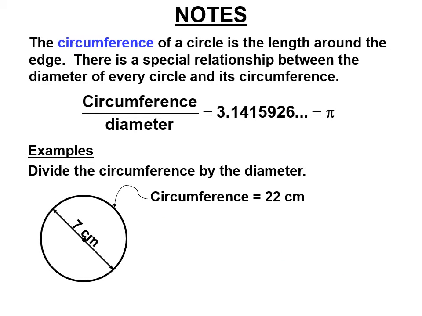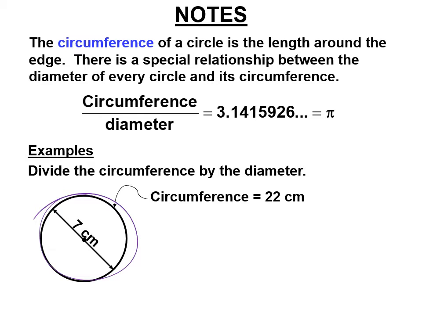All right, now the circumference of the circle is the math word for the length around the outside. It is the same exact concept as perimeter, but perimeter is for shapes with straight sides. Circumference is for circles. Now, turns out a long time ago, people discovered a relationship between the circumference of every circle and the diameter.